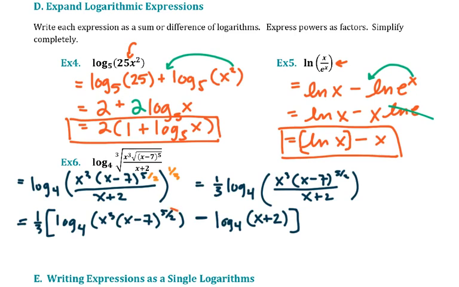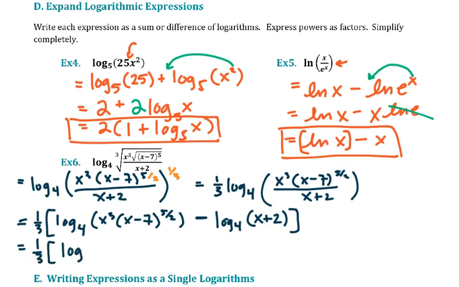But my term in the front, we're multiplying between that x cubed and the x minus 7. So in this situation, this is going to be the log of a product. And the product rule says when I separate this into two logs, I'm going to put a plus for each of them. So I have 1/3.